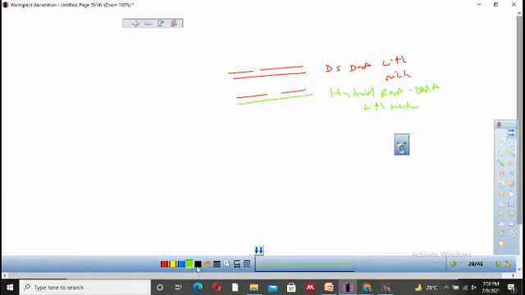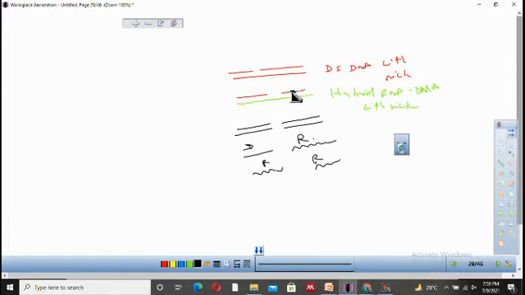Then if it is blunt, or if it is DNA and RNA, or RNA and RNA, ligase will be there.